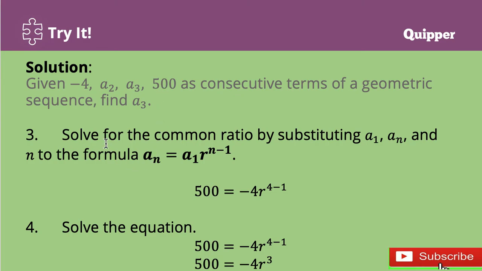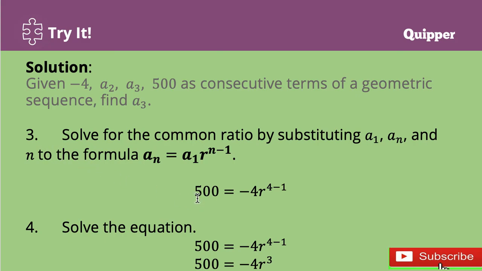Third step, solve for the common ratio. Of course, we can solve for the common ratio using the formula a sub n is equal to a sub 1 times the common ratio to the power of n minus 1. But again, you must first have the necessary values: a sub 1, a sub n, and the value of n.